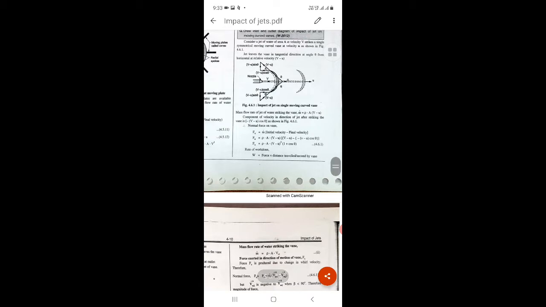So whenever force comes, after that work done is force into displacement.